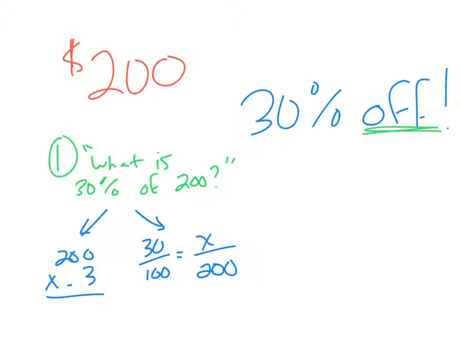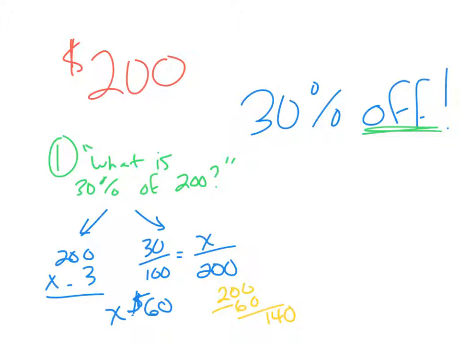Both of these will tell you that X is equal to $60. But you would have a second step where you have to remove that from the price. Your last step would be to take 200 minus 60 to figure out that the end price is $140.